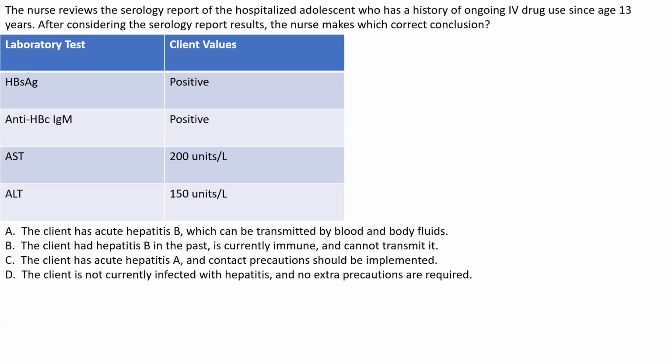Now, the AST is supposed to be between about 8 to 38, but this patient has an extremely high AST. ALT is supposed to be between 10 to 35, but this patient has an extremely high ALT. So elevated AST, elevated ALT, positive immunoglobulin type M, and positive B surface antigen.